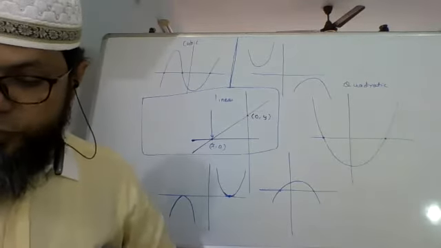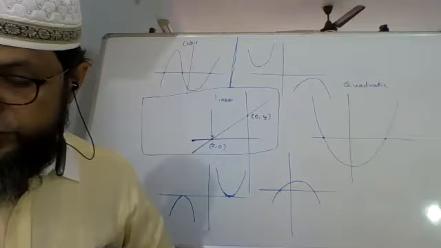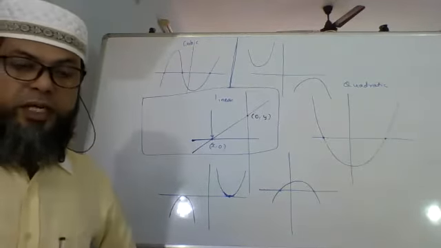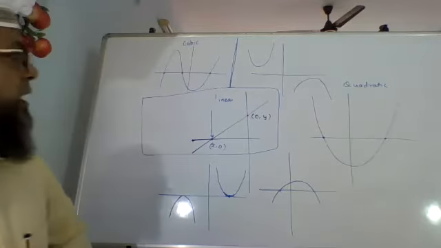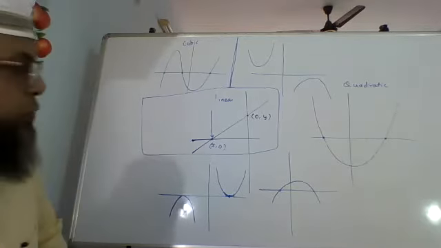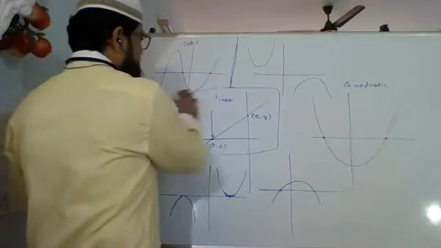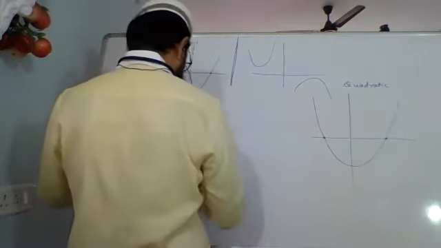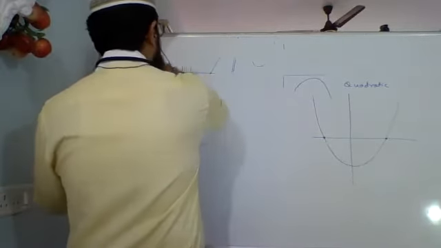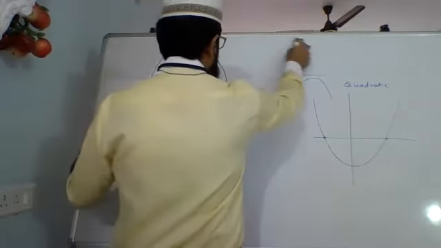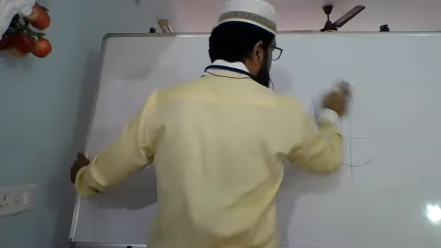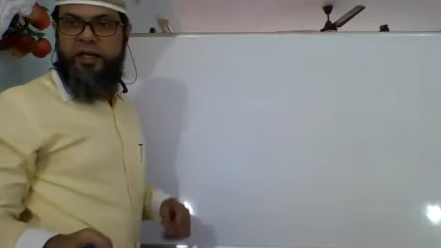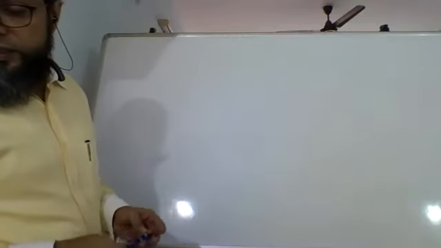So let's understand what is the relationship between the zeros and coefficients of a polynomial. Like we had already seen in the case of a linear equation, x equals to minus b upon a. We'll also see what happens to the coefficients and the zeros in case of quadratic and cubic.